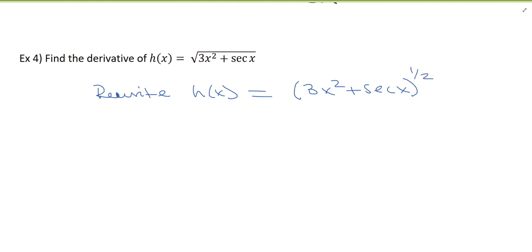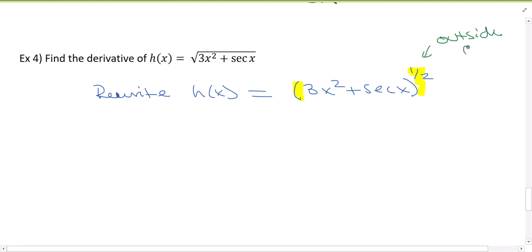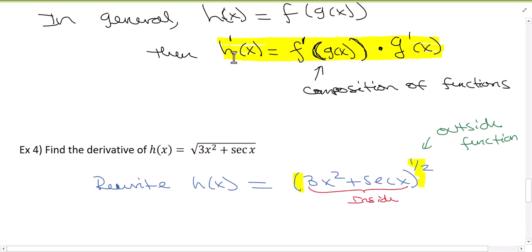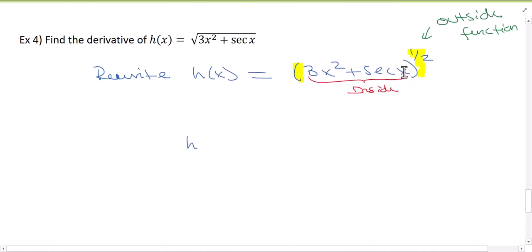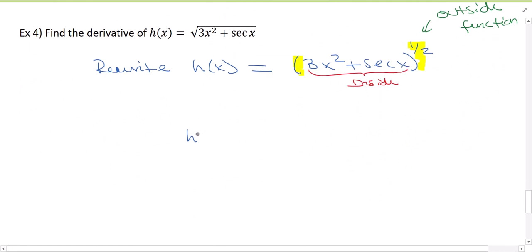And so now I can see, oh, my to the 1/2, that is the outside function. And what's the inside function? Then this here is my inside function. So when we say up above, we had h prime of x is the derivative of the outside, the inside left alone, times the derivative of the inside. It helps to figure out what's your outside function, what's your inside function.